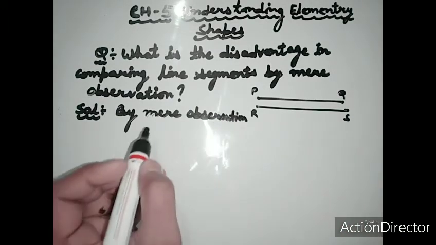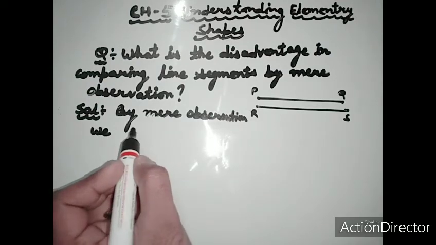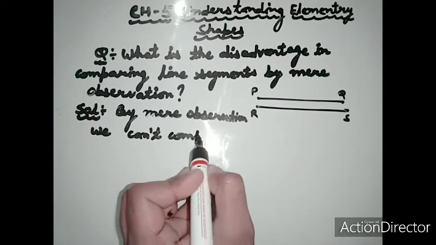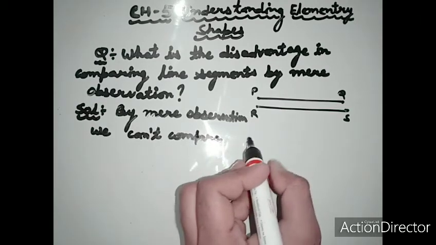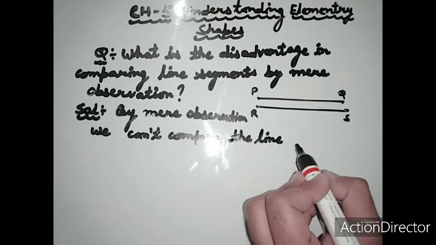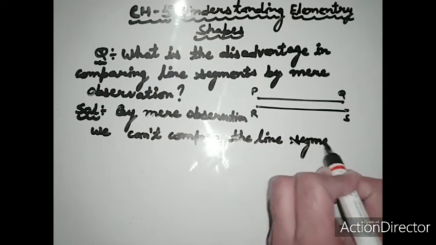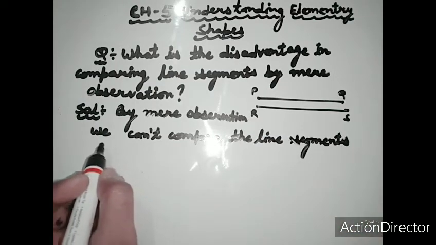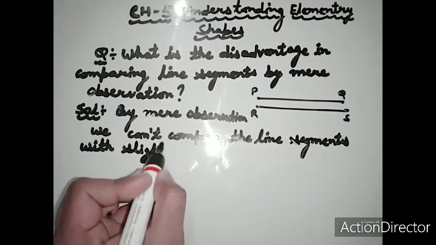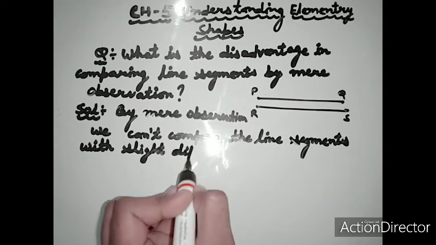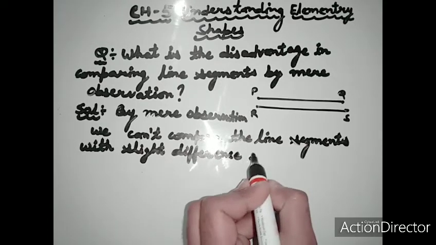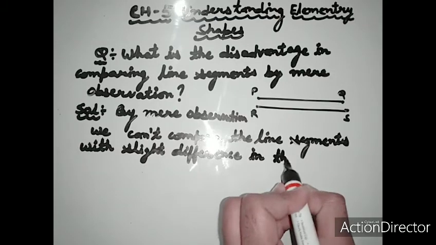By vision, we can't compare the line segments with slight difference in their length, right?